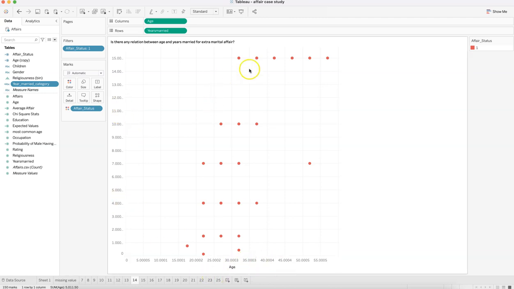And it shows that when both age and years married are high, people are engaging more in affairs, which indicates that people are engaging more in extramarital affairs. It's just a visualization; it shows a normal representation, but over here it really stacks up and shows that people are engaging more as per the data points that we have.